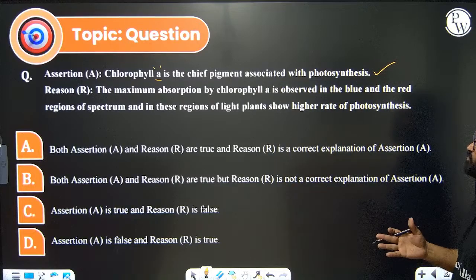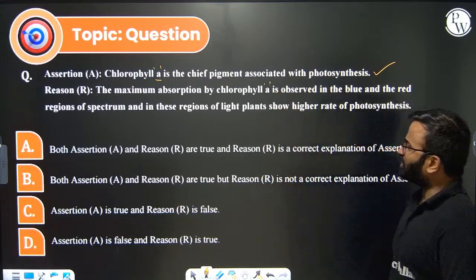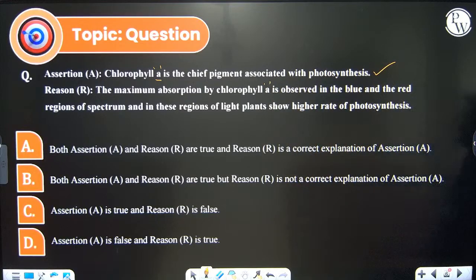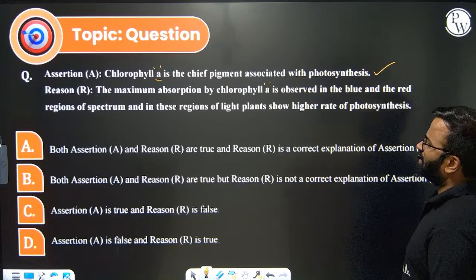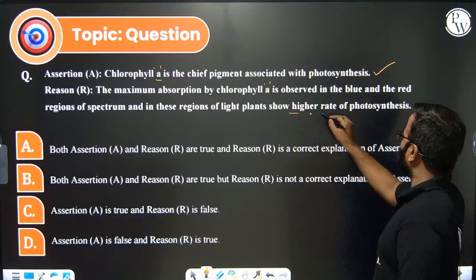The maximum absorption of chlorophyll A is observed in the blue and the red regions of the spectrum, and in these regions of light plants show a higher rate of photosynthesis.